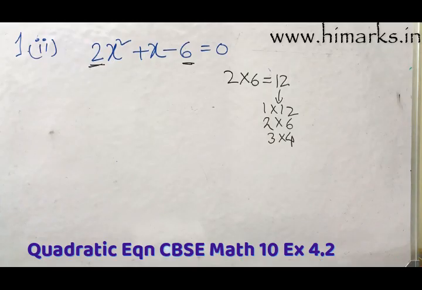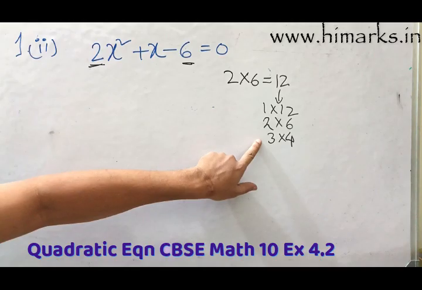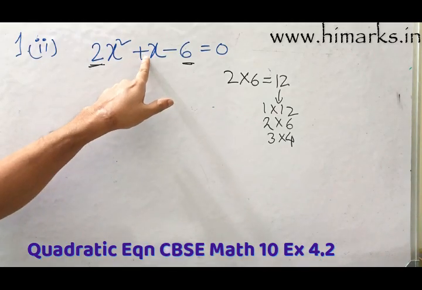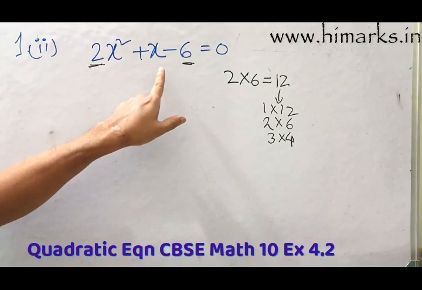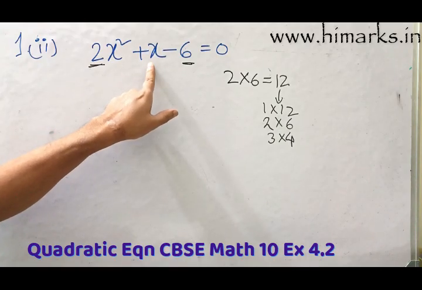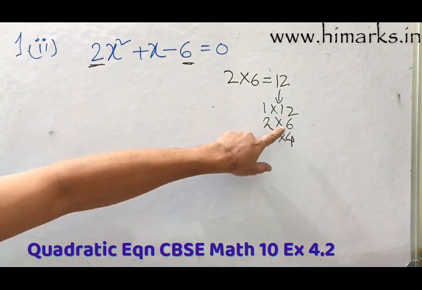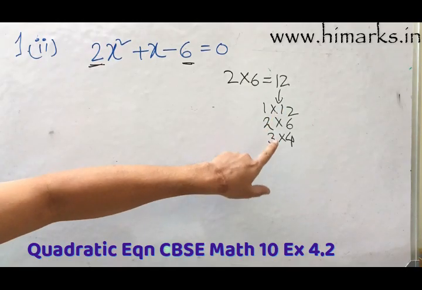Okay, now our target is that from the first combination, second combination, third combination, we have to get 1. X means 1x, so we have to get 1. So how can we get 1? 12 and 1 cannot give 1, 2 and 6 cannot give 1, 3 and 4 can give 1.